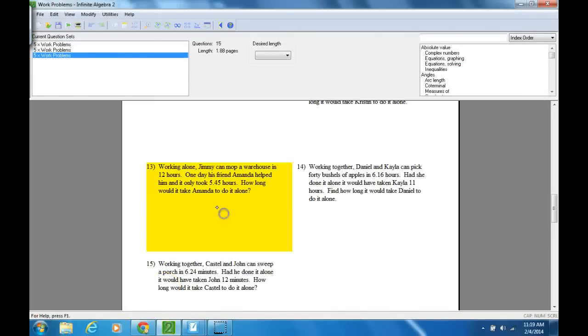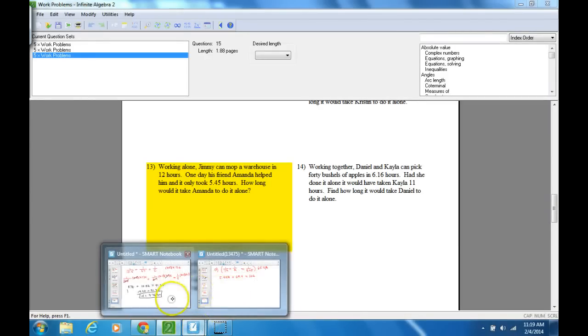Let's look at 13. It says, working alone, Jimmy can mop a warehouse in 12 hours. One day his friend Amanda helped him, and it only took 5.45 hours. How long would it take Amanda to do it alone? The only difference between this one and the other two is that they gave you the total already, and you're finding an individual.